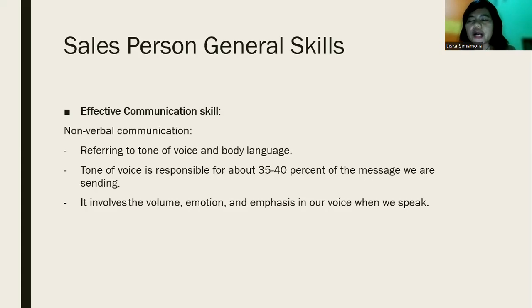So for our customer, for example, if we want to present the quality of our products, but our emotion, our voice doesn't present such quality, we say this product quality is good, but with the wrong volume, the wrong emotion, how will they be convinced and how will they decide to finally buy our product, right?